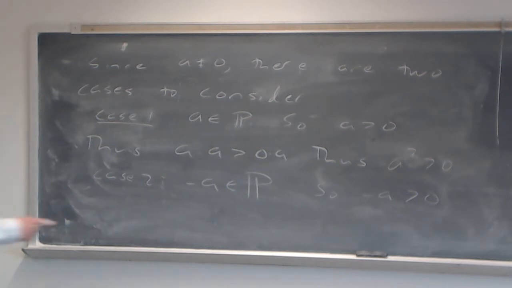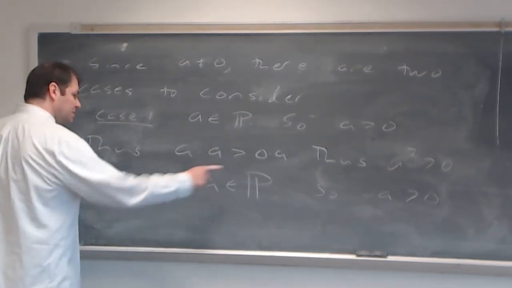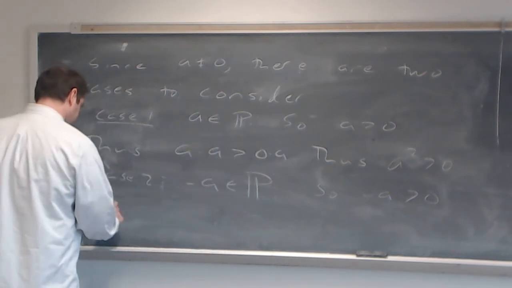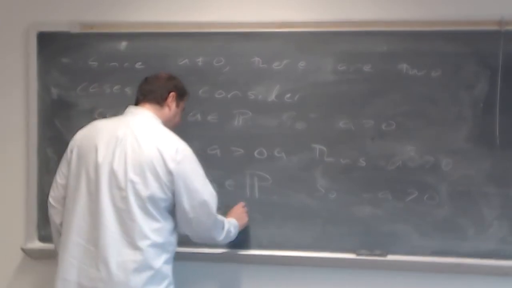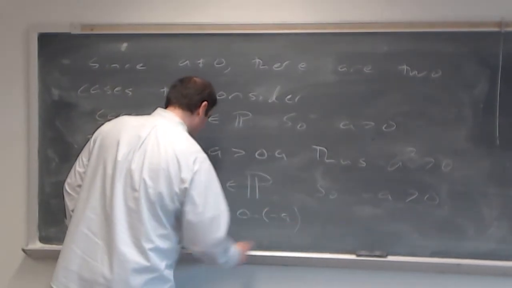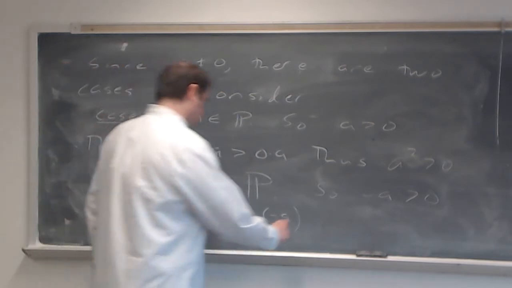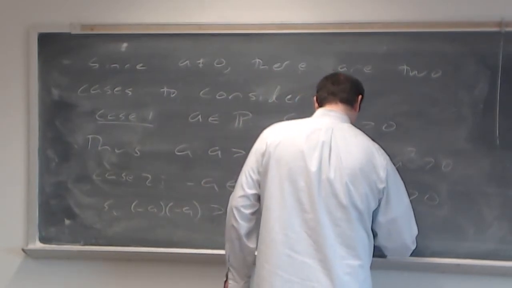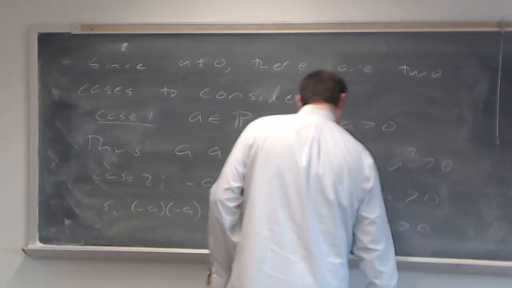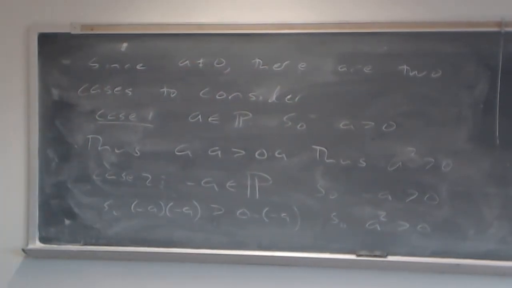So I'm going to multiply both sides of that inequality by minus A. So that says minus A times minus A is going to be greater than 0 times minus A. But minus A times minus A can be shown to be A squared. So A squared is greater than 0, since this side is 0. Is that okay with everybody?